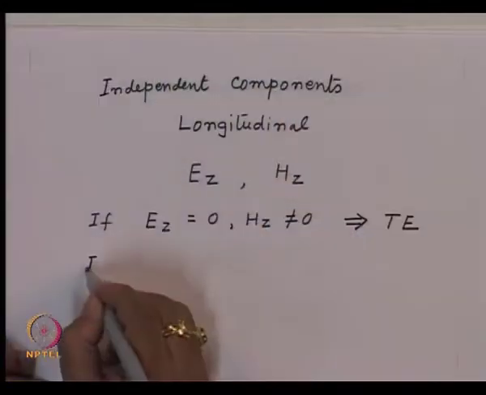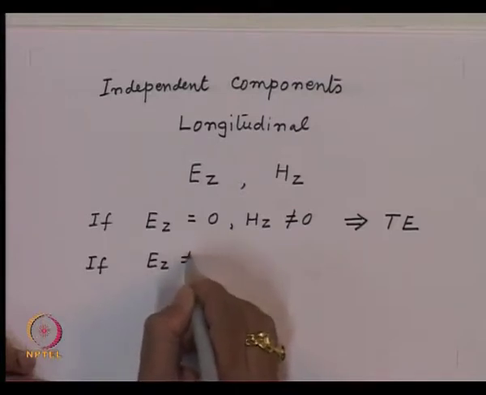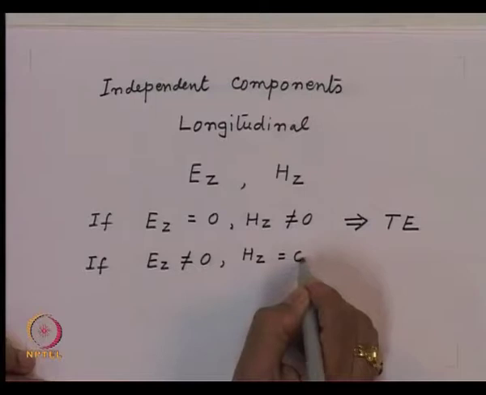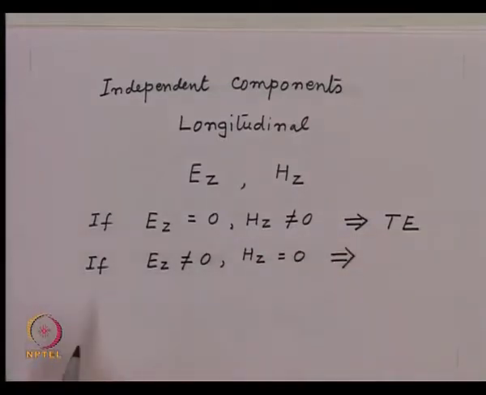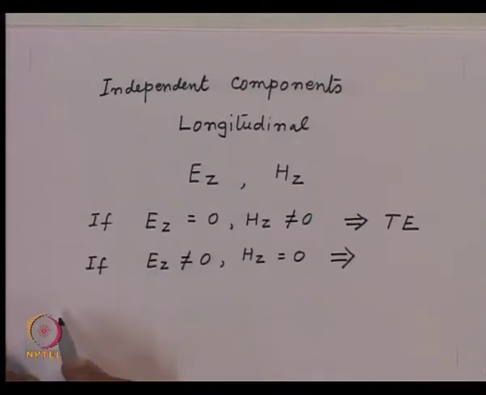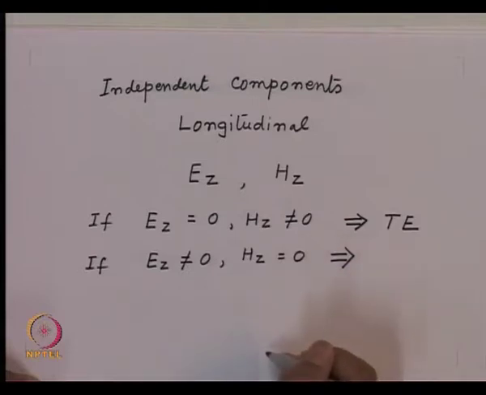Similarly, if we take Ez not equal to 0 but Hz equal to 0, then this would give us the field distribution which would have an electric field component in the direction of propagation, because Ez is not 0, but it will not have any magnetic field component in the direction of net propagation.